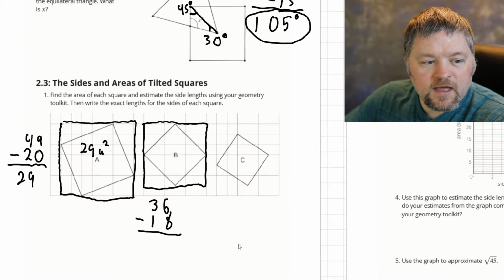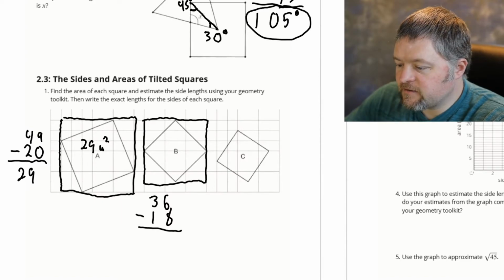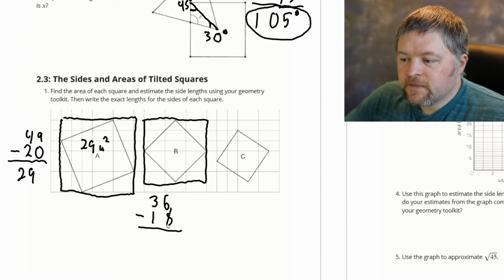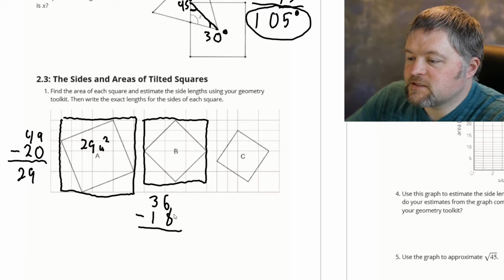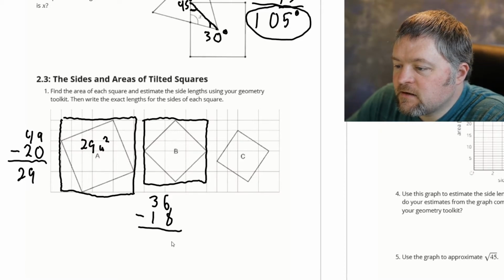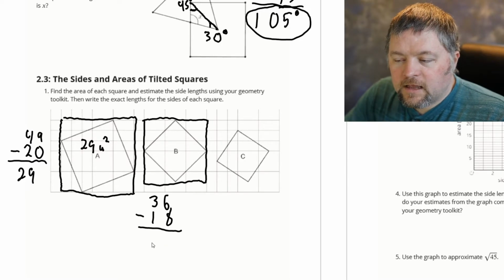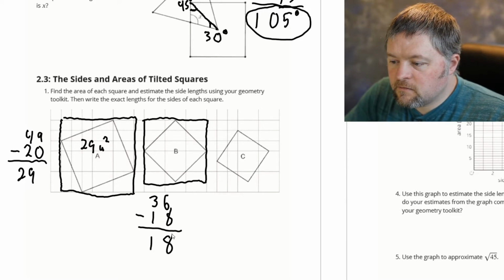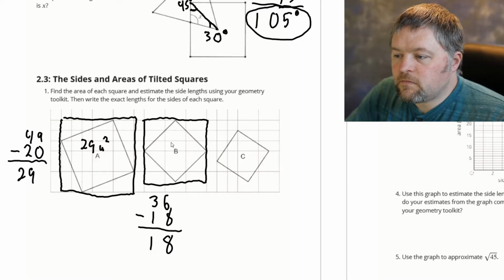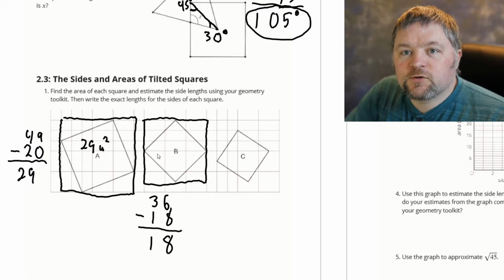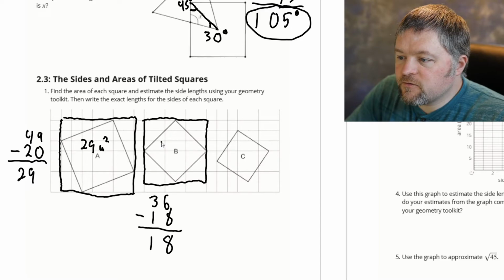Let me move that up so you can see better. Sorry about that. 36 subtract 18 is 18. So the area of square B is 18 square units.